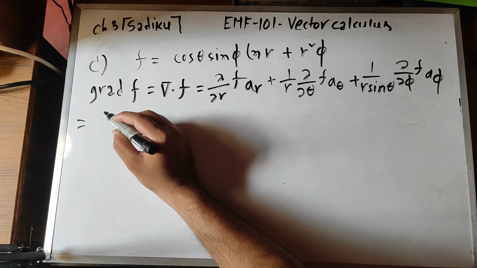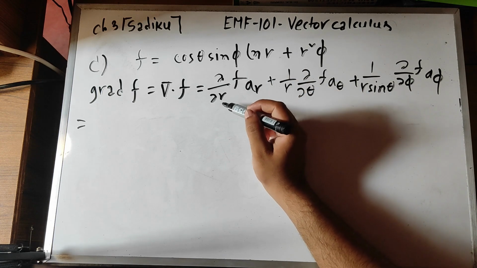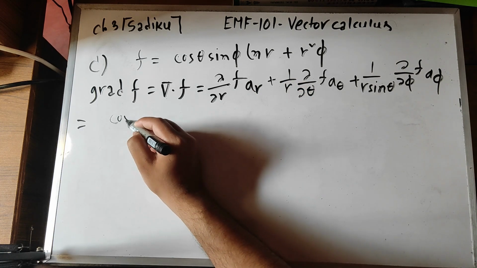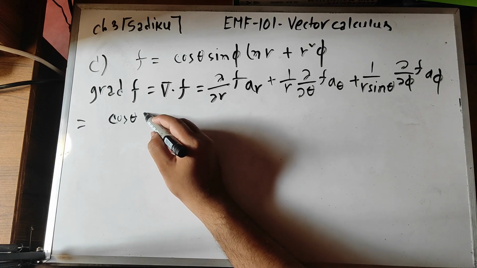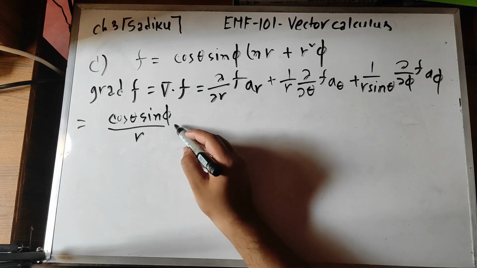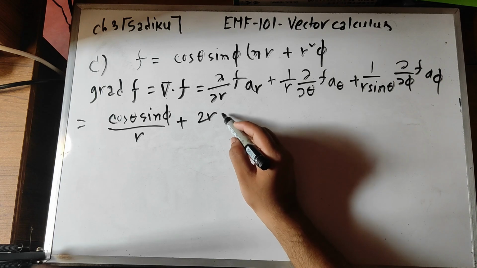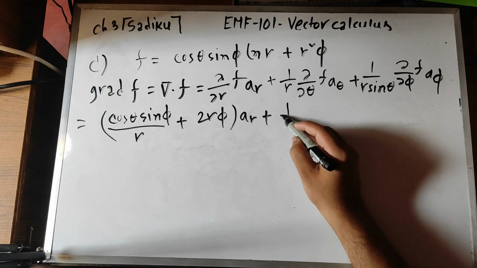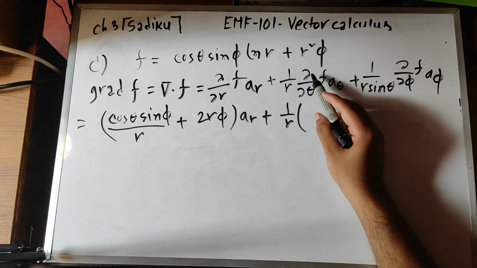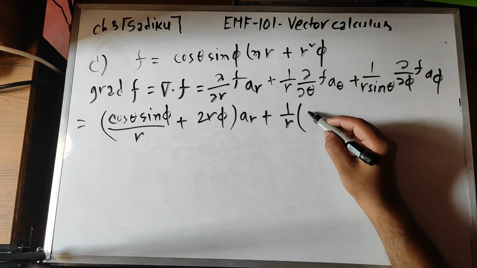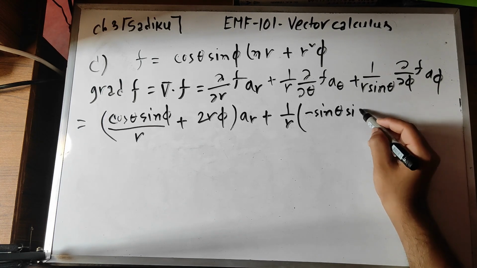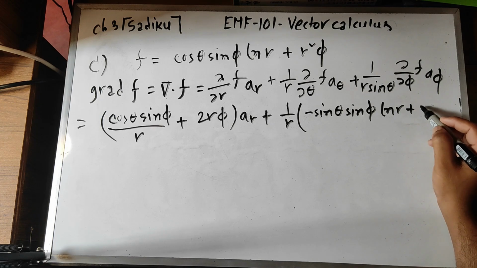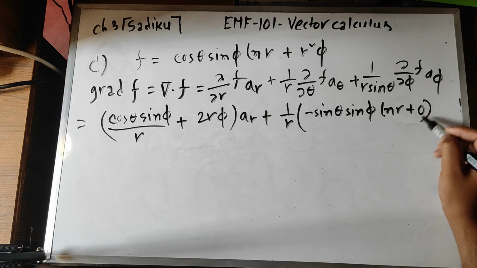So partial differentiation with respect to r, so this will be cos theta sine phi by r plus 2r phi in the direction ar, plus 1 by r partial differentiation with respect to theta, so minus sine theta sine phi ln r plus 0 in the direction a theta.